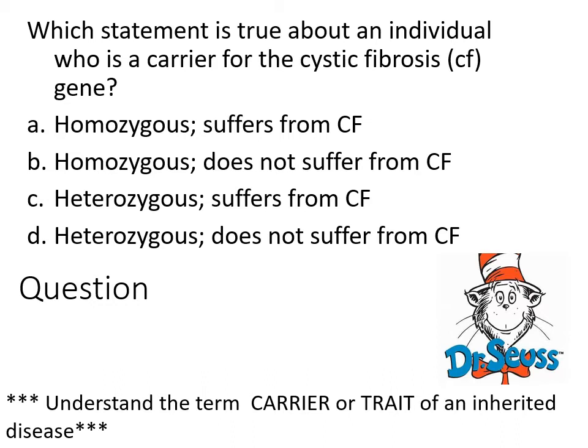So understand the term carrier or trait of an inherited disease, right? So if you are a carrier of a disease because one allele is defective in the setting of a recessive condition, you don't have the disease. And the same goes for trait. Okay, so those terms are interchangeable. Okay, you have the potential to pass on the defective allele, but you don't actually have the disease.